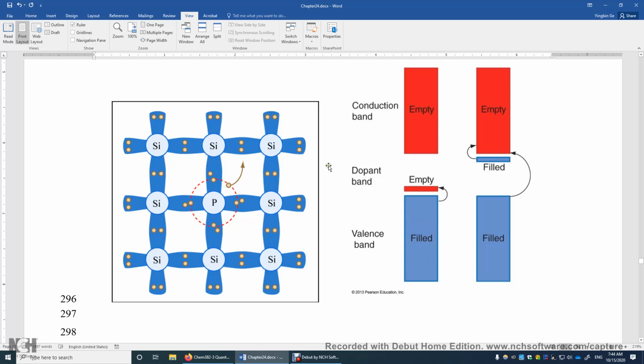Now by adding phosphorus, we create a new filled band that's so close to the empty band. The gap is very close to the thermal energy, R times T. That makes it really easy to excite an electron from the filled band to the empty band. By replacing silicon with boron, we can create another empty band to reduce the gap.